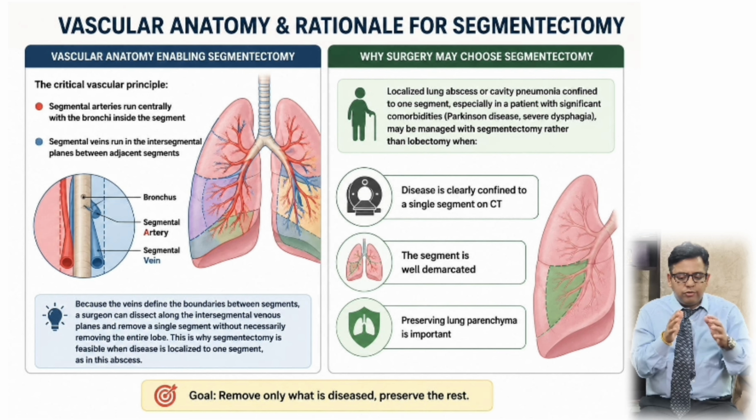The veins running in the intersegmental planes mark the key vascular anatomy and separate the segments very clearly among the lobes of the lung. So, if surgery is needed, it is better to resect a segment than to resect the whole lobe, as in this case especially, which comes with comorbidities like Parkinson's and others.